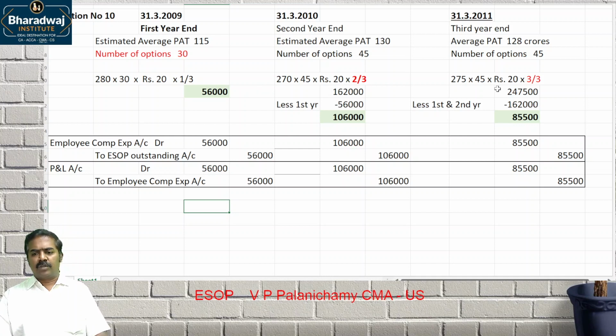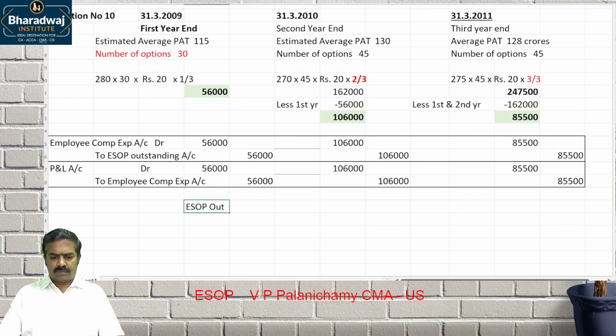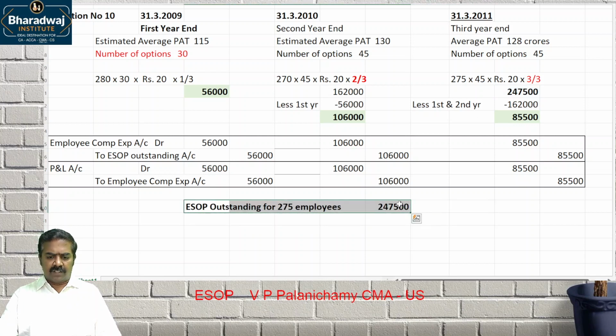So the total amount created is 2,47,500. That is created cumulatively over a period of 3 years.